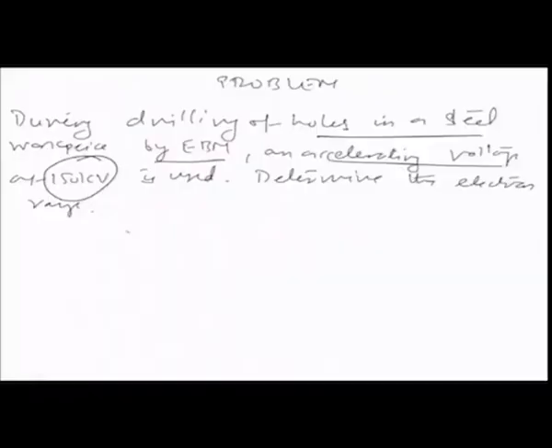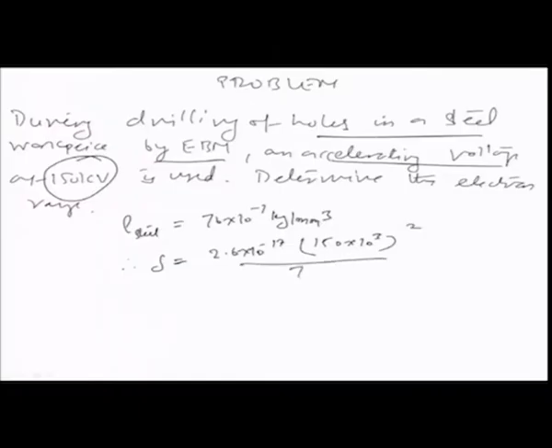The density of steel is 7.6 times 10 to the power of minus 6 kg per cubic millimeter, and delta by that equation becomes 2.6 times 10 to the power of minus 17 times the square of V, which is 150 times 10 to the power 3 volts, divided by the density.